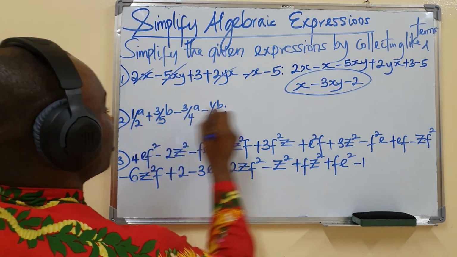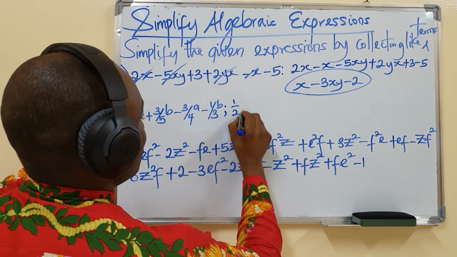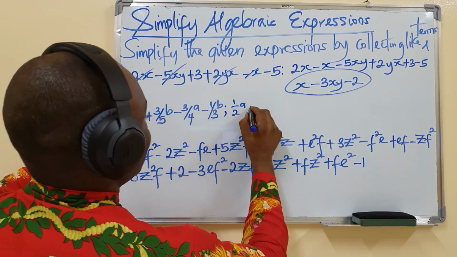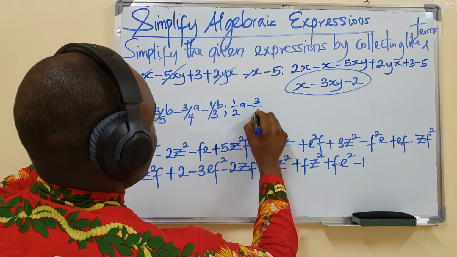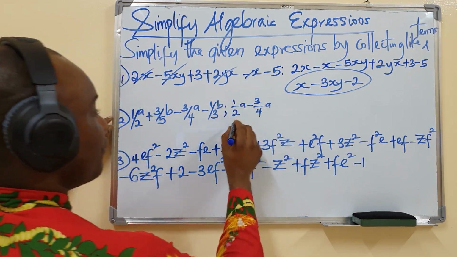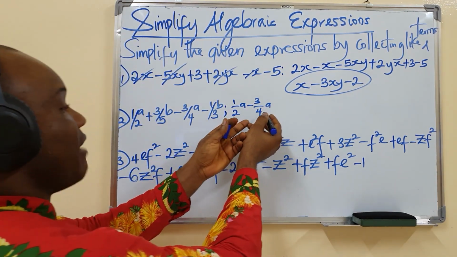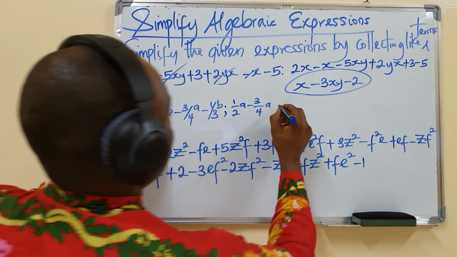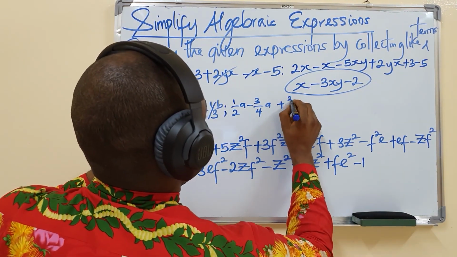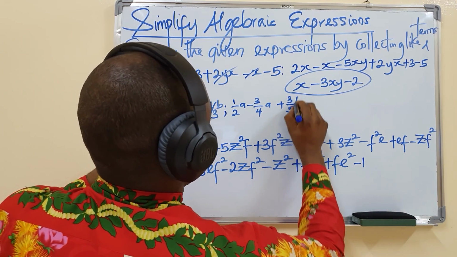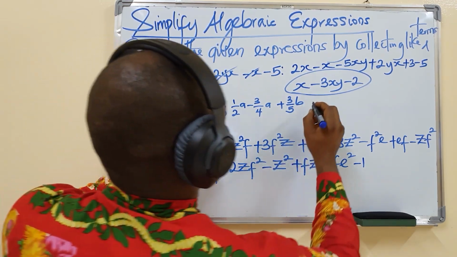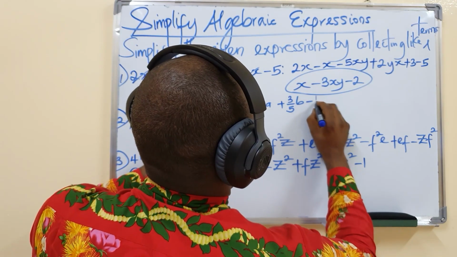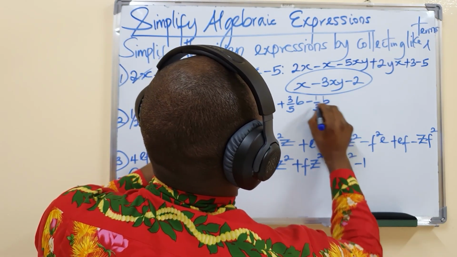Therefore, we'll start our calculation with it: half of a minus 3/4 of a. We're going to solve this based on the fact that they have like terms. And after that, we're going to work out plus 3/5 of b and minus 1/3 of the same b.